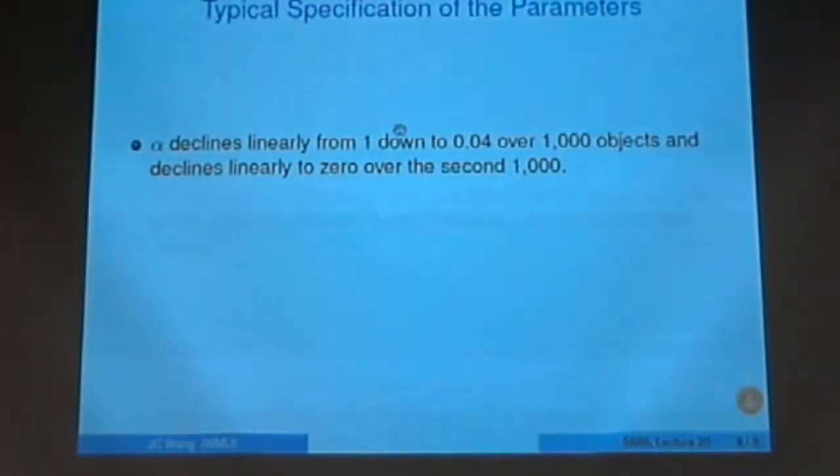Not necessarily equal space, right? It's only to decrease alpha linearly over the 1,000 objects and declines linearly to 0 over the second 1,000. I saw another recommendation, Kohonen suggests using 0.05 times 0.